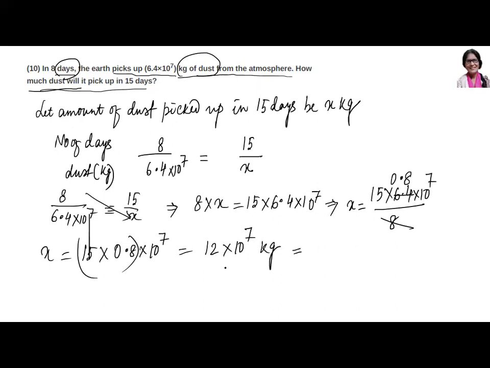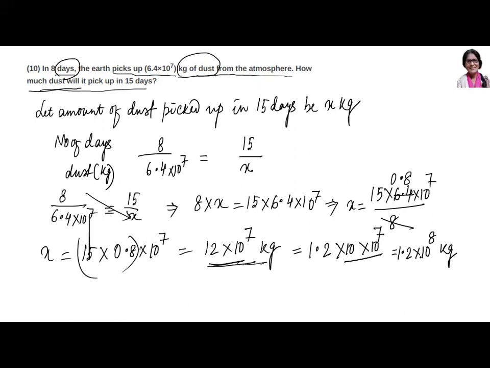But when we use the scientific notation, you know that we keep the decimal after only one number. So 12 will be written as 1.2 into 10, again 10 to the power 7. Then I'll combine these two. It will make you 10 to the power 8. 1.2 into 10 to the power 8 kg. Now the question is, is it wrong?